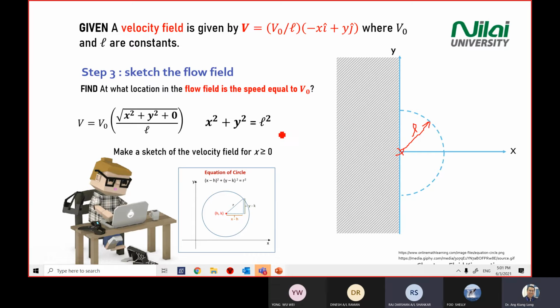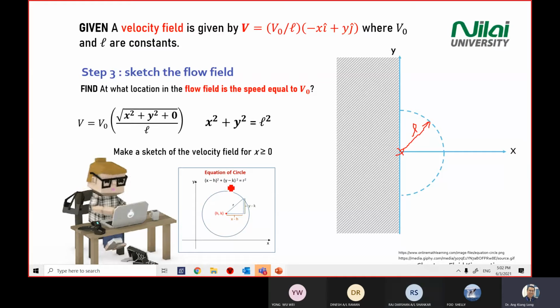Okay, you look at the screen, you compare side by side. We arrive at the equation x squared plus y squared equal to L squared, correct? Yes, sir. Then you compare with the equation of the circle in the diagram here. You know that your h and k are 0. To get x squared, h must be 0, correct?